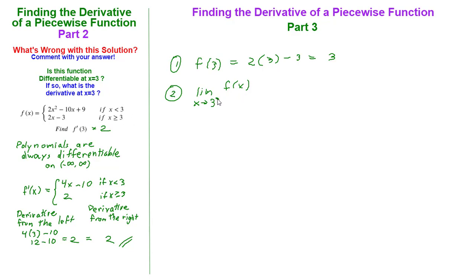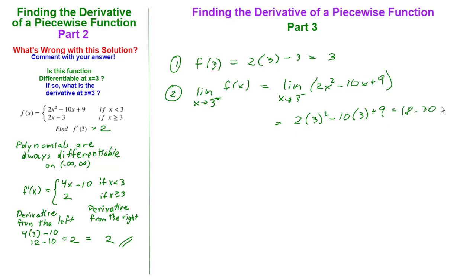So let's find the limit as x approaches 3 from the left side. If x is approaching 3 from the left side, that's when x is less than 3, so we would use this expression here. This is a polynomial, so we can just substitute the 3 in. So we have 9 times 2, or 18, minus 10 times 3, or 30, plus 9. 18 minus 30 would be negative 12, and negative 12 plus 9 gives us negative 3.